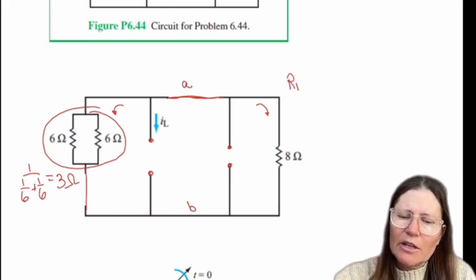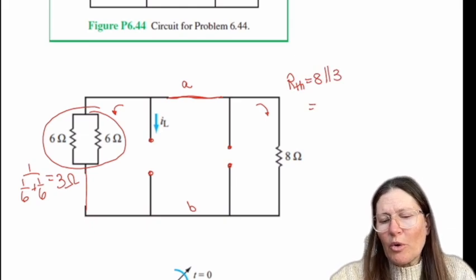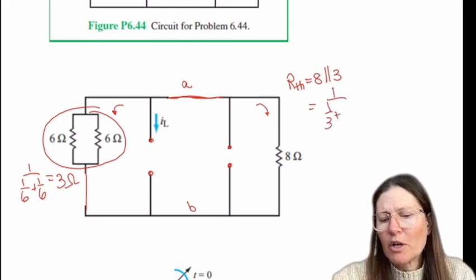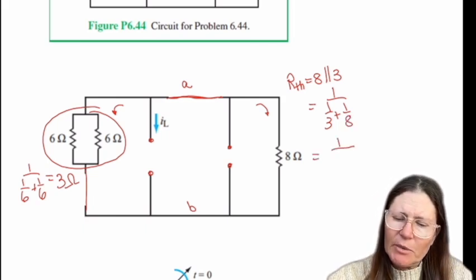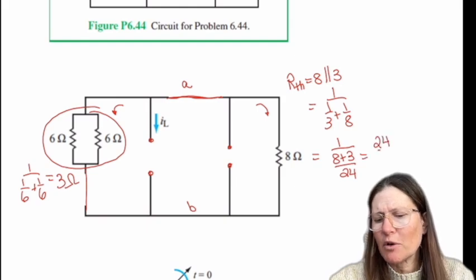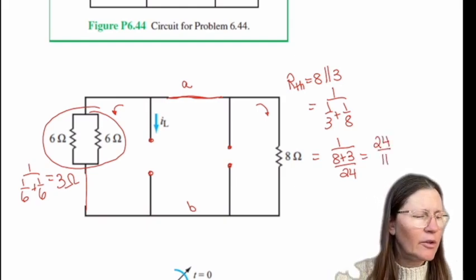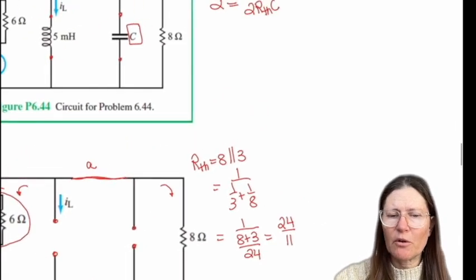So our RTH is going to be 8 in parallel with 3, which gives me 1 over 3 plus 1 over 8. Getting a common denominator gives me 8 plus 3 over 24. And then we flip that to give me 24 over 11. So our RTH will be 24 over 11.